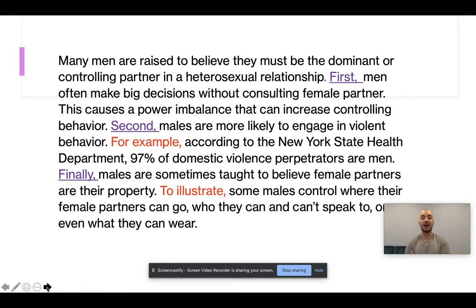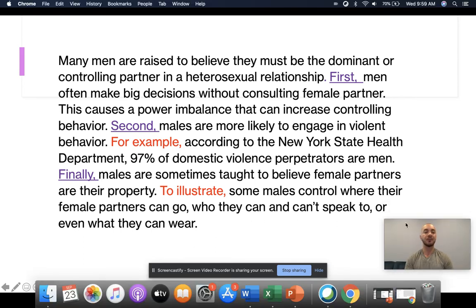Here's our paragraph now with our minor supporting details and with our transition words. Many men are raised to believe they must be the dominant or controlling partner in a heterosexual relationship. First, men often make big decisions without consulting a female partner. This causes a power imbalance that can increase controlling behavior.